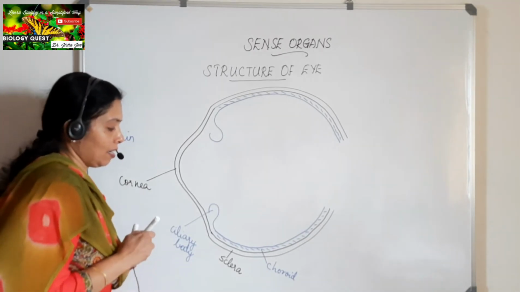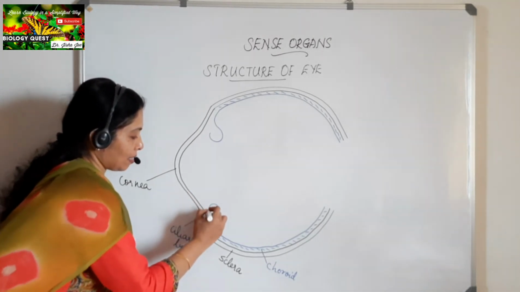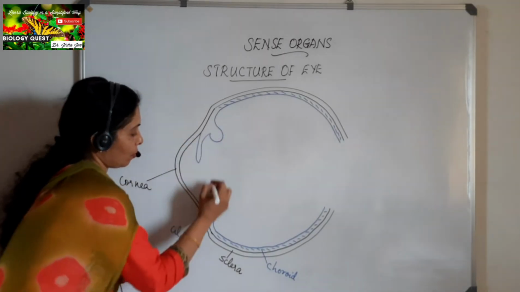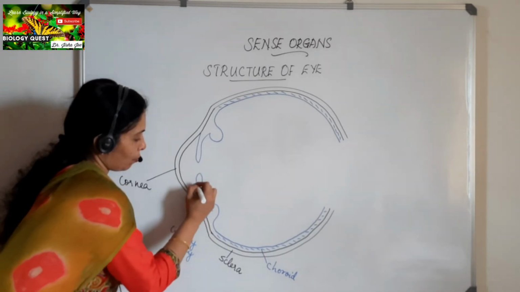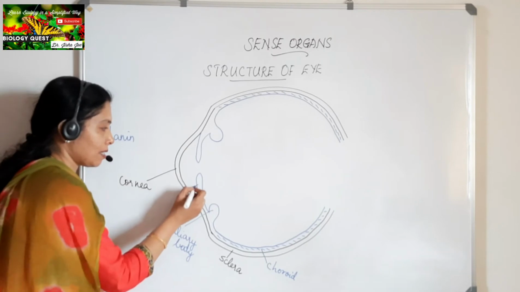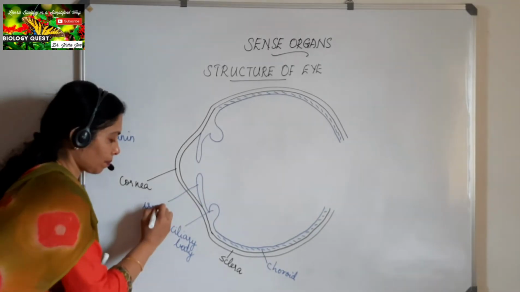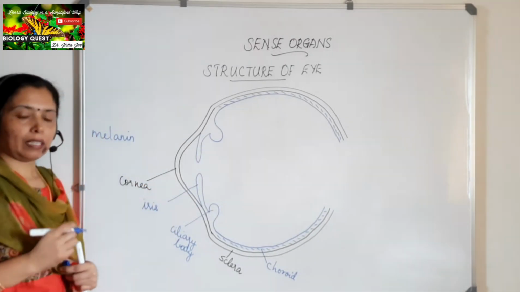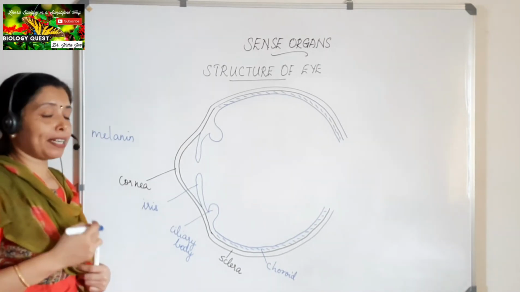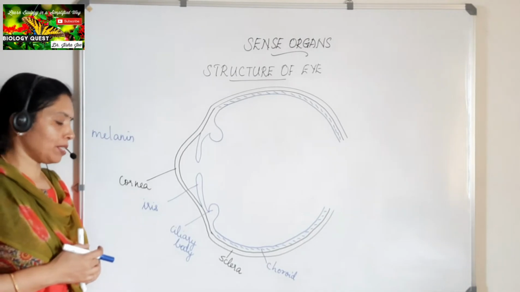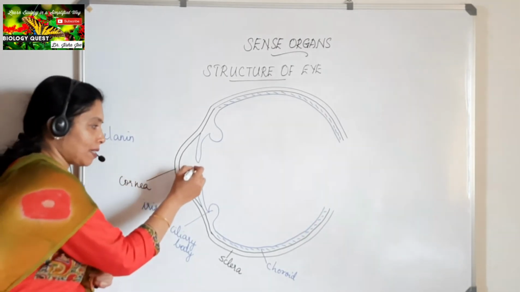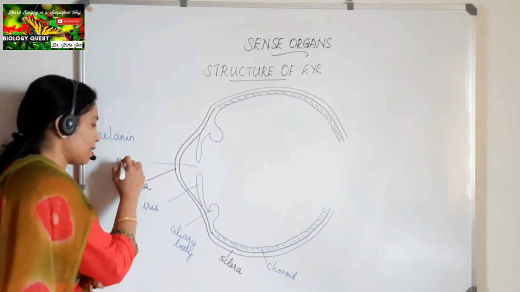Then again, the choroid layer extends in the front to form the colored region of the eye that we see, that is the iris. The colored portion of the eye is the extension of the choroid in the front part of our eye, which is called the iris, and there is a small opening at the center which is called the pupil.